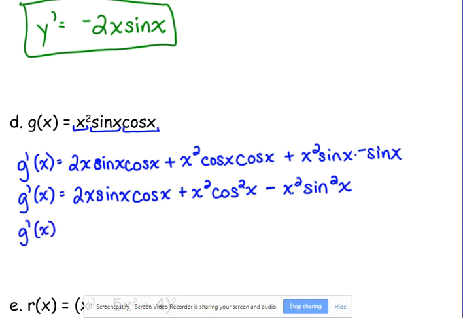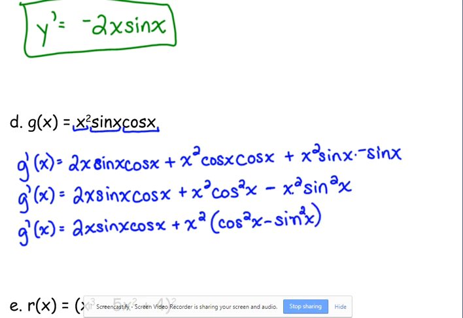Okay, let's keep going, because I can take an x squared out of those last 2 terms, and we get cosine squared x minus sine squared of x.